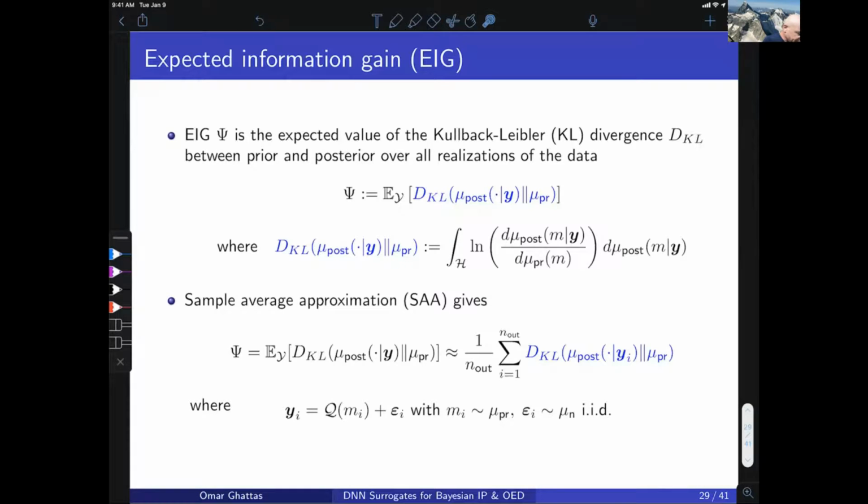If you're doing it in this full-blown way, you have this high-dimensional integral with respect to the posterior, and then another expectation with respect to the data. If you do this using a standard brute force double loop Monte Carlo, it's hopeless. You end up with a number of Monte Carlo samples that is the product of the two sample counts, the inner and the outer loop.